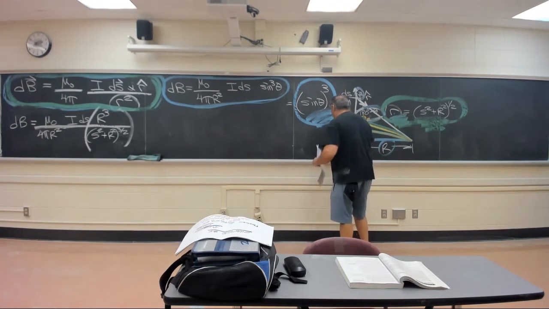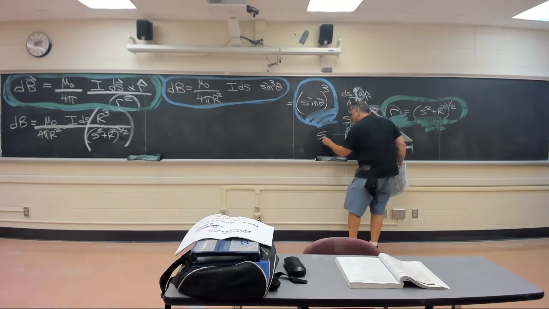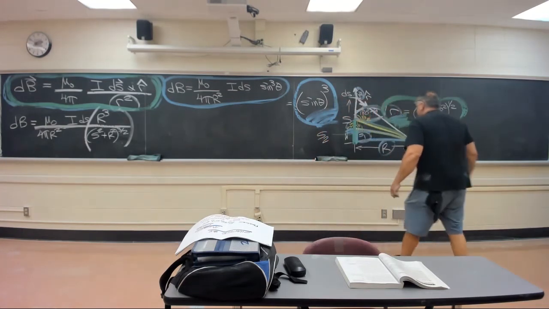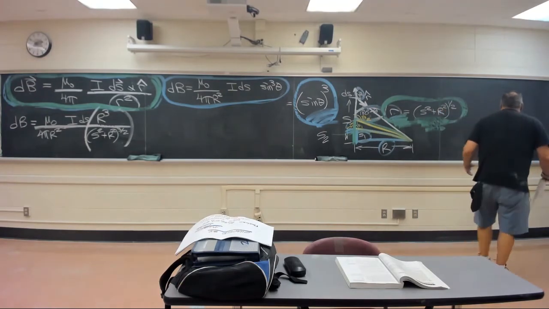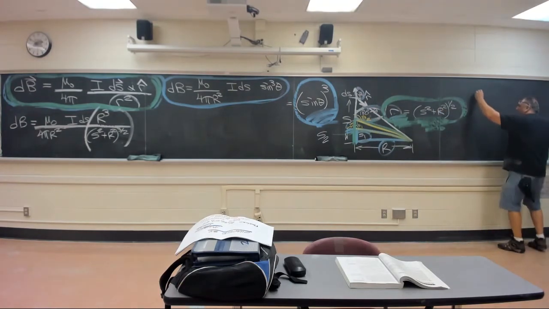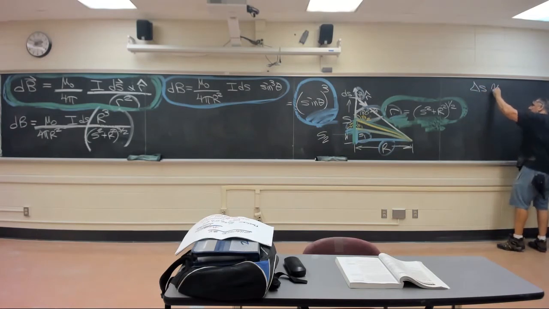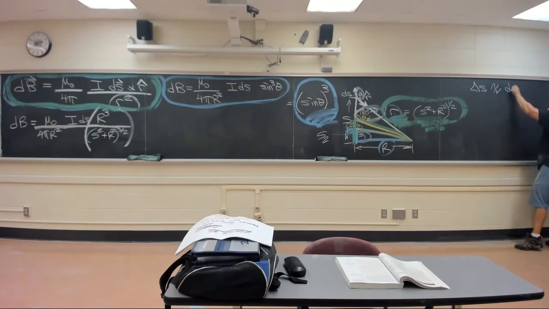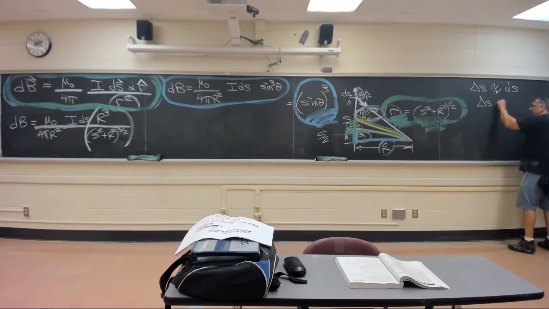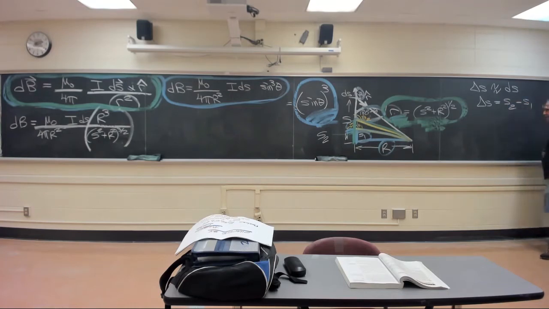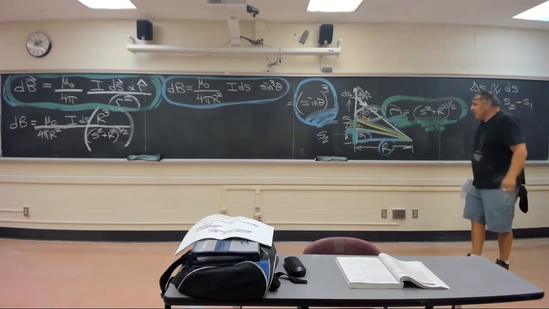I got to be careful here and make sure everything's agreeing. Do you agree that delta S, which is approximately equal to ds if it's small enough, is S2 minus S1?